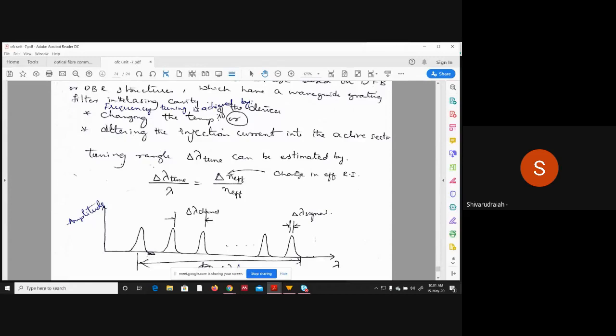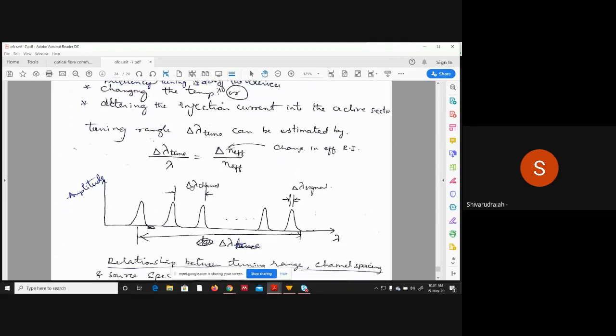If the doping density is increased or decreased, that obviously will increase or decrease the refractive index. So here, n effective stands for the effective refractive index of that particular material used to construct the laser source. Delta n effective means a change in the effective refractive index. The ratio of delta lambda tune, the tuning range, divided by the wavelength, is equal to the ratio of the change in the effective refractive index divided by the value of the effective refractive index, right?